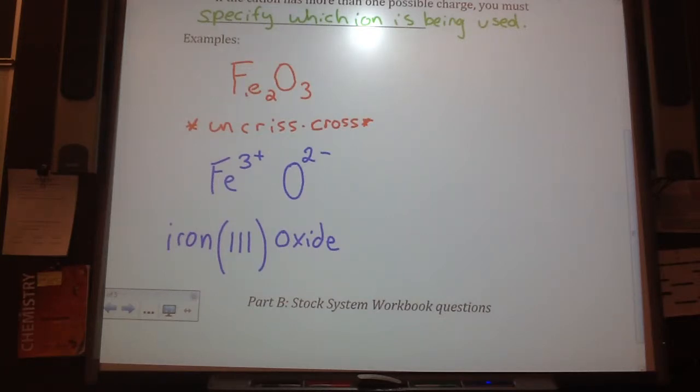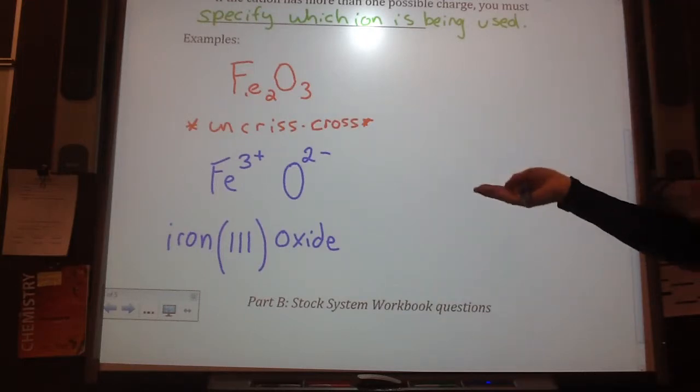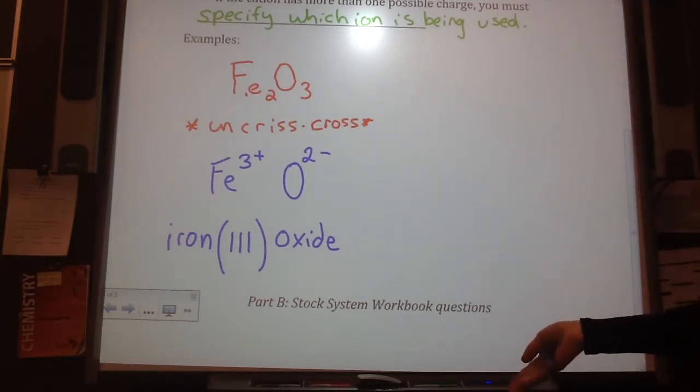Cobalt, what else? Nickel. Gold, palladium. Keep going. Mercury. Lead. Good. Bismuth, manganese. So for any of those elements in a compound, you have to write the name with the Roman numeral, okay?